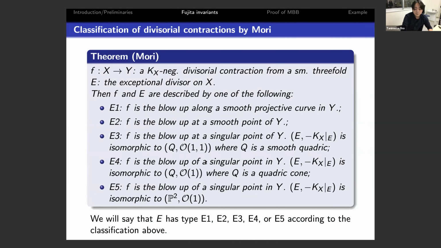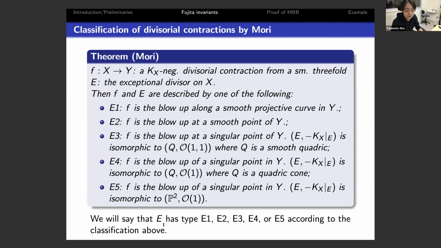E4: f is the blow up of a singular point in Y, and then this polarized surface is isomorphic to a quadric cone. And E5: f is the blow up of a singular point, and this polarized surface is isomorphic to P2 with O(1).